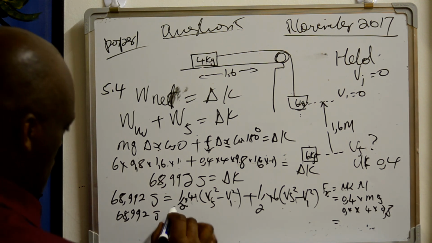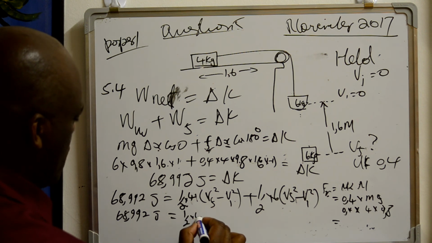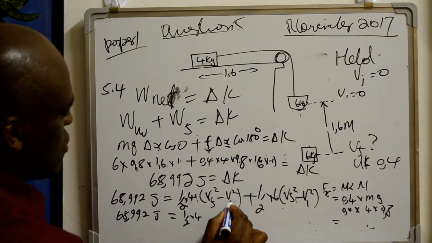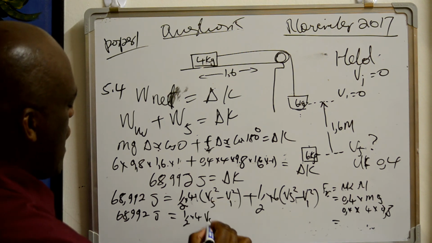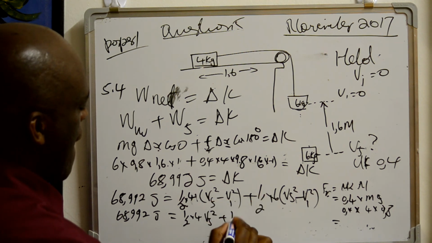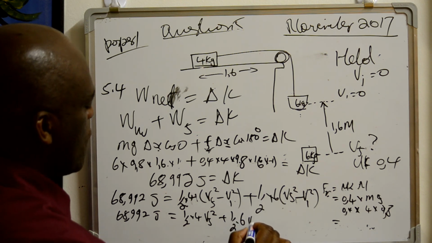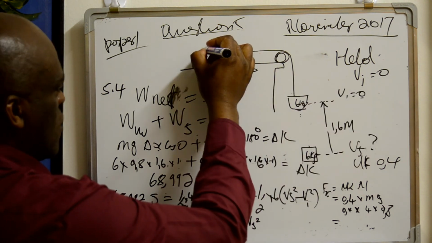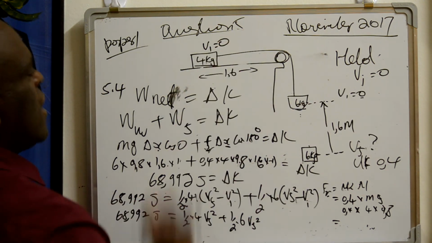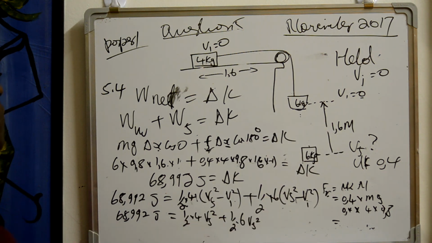Because Vi is equal to 0 for both blocks, we have half times 4 times Vf squared plus half times 6 times Vf squared. We still need to get Vf.